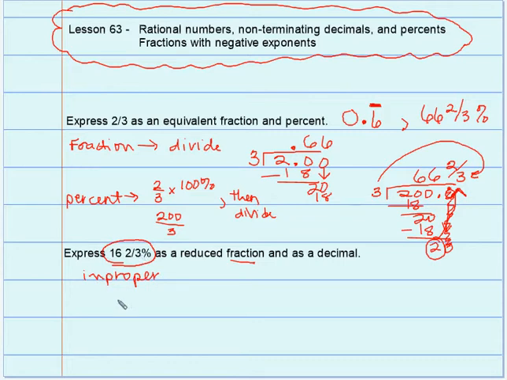So 3 times 16 is 48, plus the 2 is 50/3, and then we're going to divide that by 100 because percent means out of 100. So this problem is really 50/3 times 1 over 100, which is 1/6.